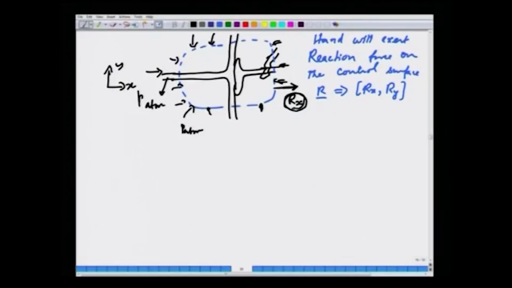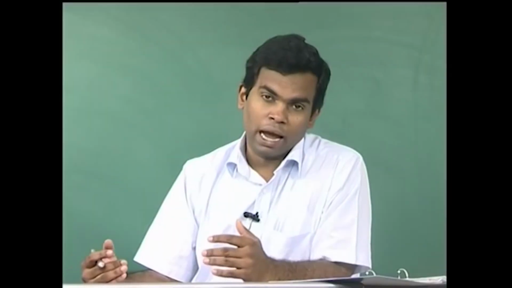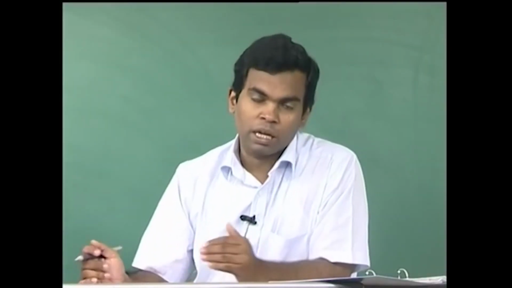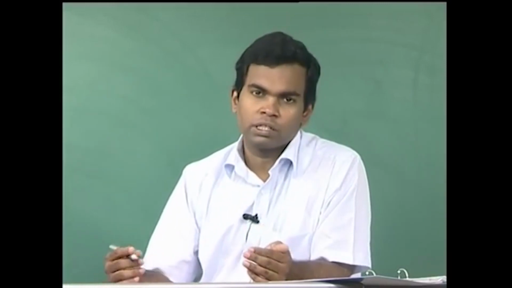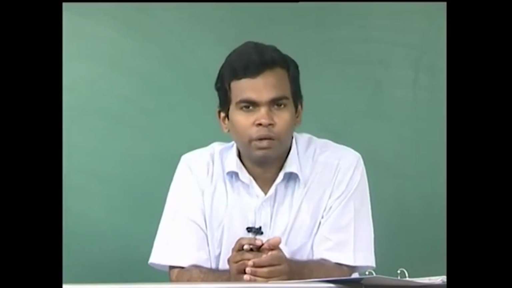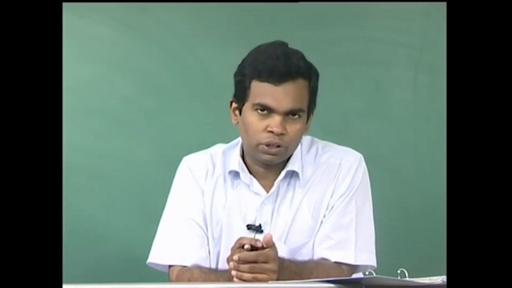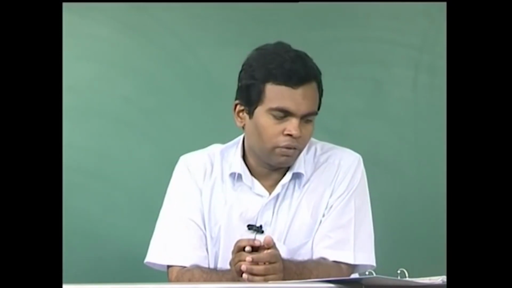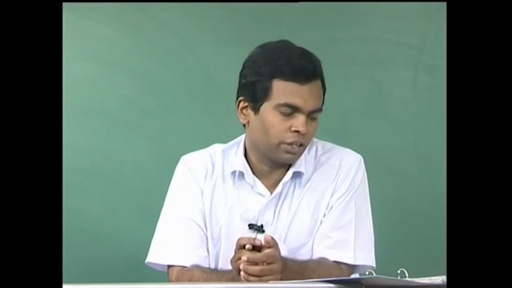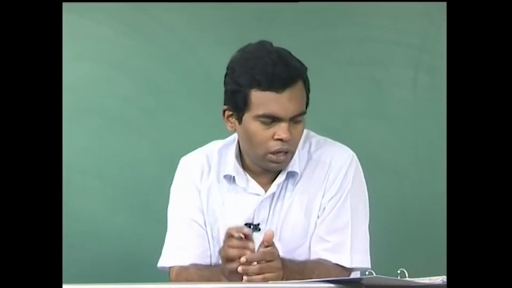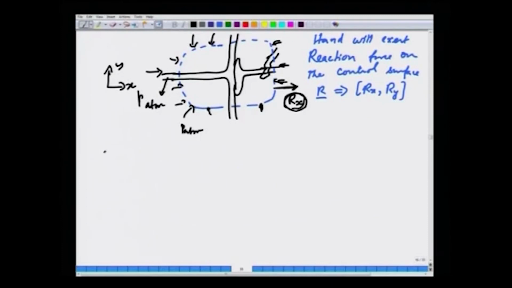But right now, let us just keep R x as the component along the x direction. Whether it is acting in the direction of x or minus x will come out of the problem. All I am saying is that R x is an algebraic quantity, it has a sign, and it will come out naturally from our calculation, and it will agree with the physically expected result also, as we will see shortly.